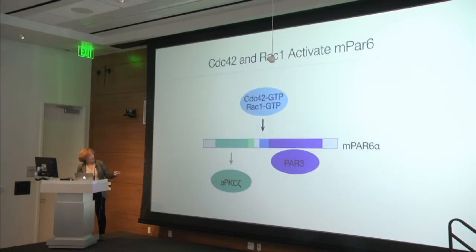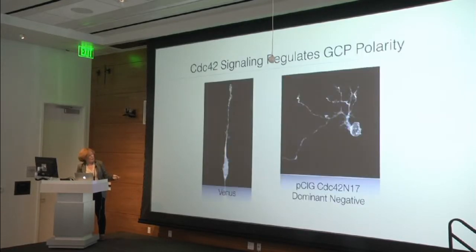So we wanted to look at what happens if you perturb the upstream regulator, CDC42, the Rho GTPases, particularly CDC42. And I'll just tell you this briefly. If you activate CDC42, the neuron runs faster along the glial guide.